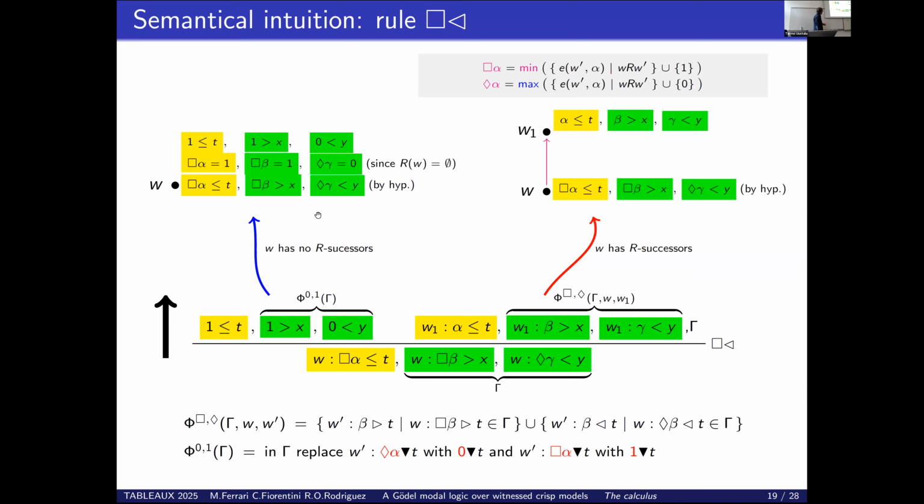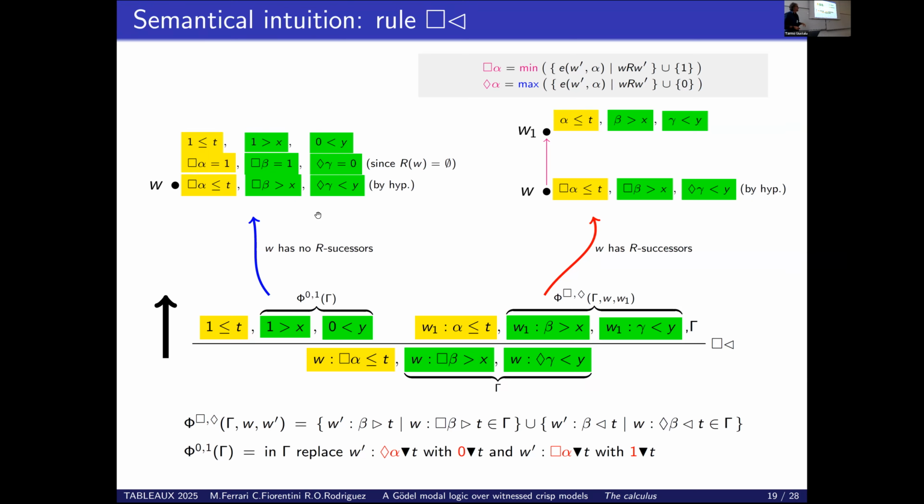And here is an example of the rule for box Lukasiewicz. In the conclusion, I have this box formula, this box constraint, and the rule gives us two premises.